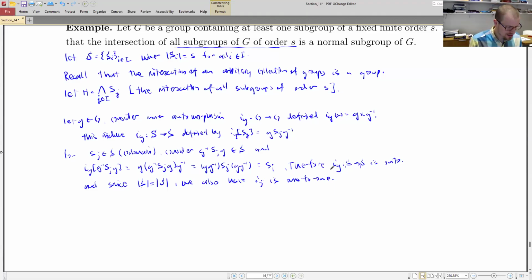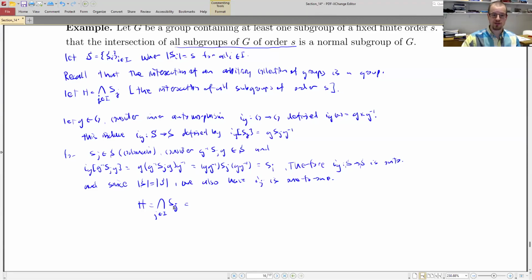All right, well, what does that do for me? That actually tells us that H, which we have defined as the intersection of all S_j over j in I, each of these may be written this way mostly because it's onto.